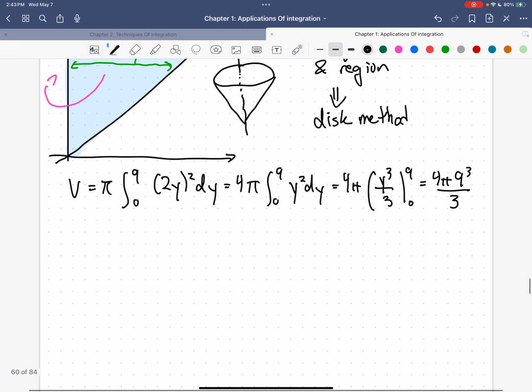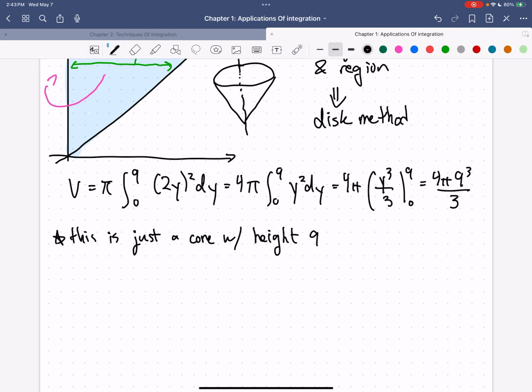Now you'll notice that this is just a cone with height 9 and base radius 18. Because if we look at what the point here is, this is the point (18, 9).